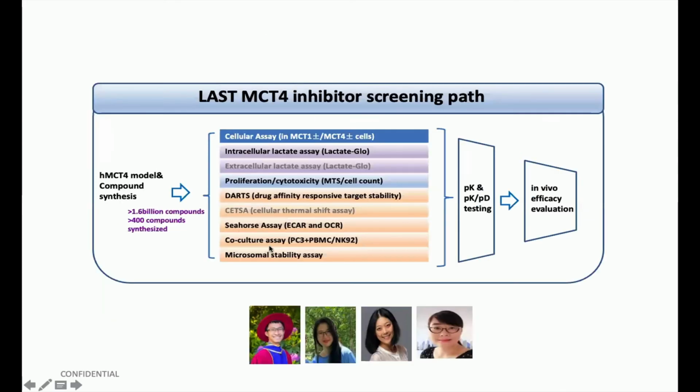Once we get a small molecule inhibitor, it will be tested in the lab using multiple assays in vitro, and eventually in vivo for toxicity and efficacy evaluation.